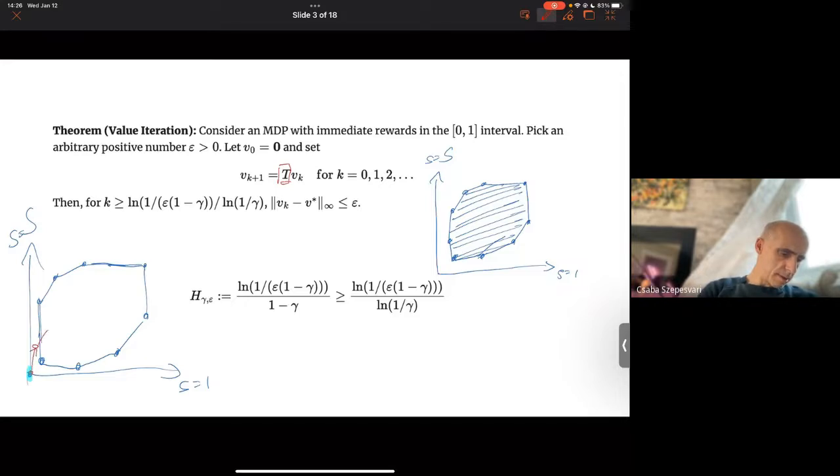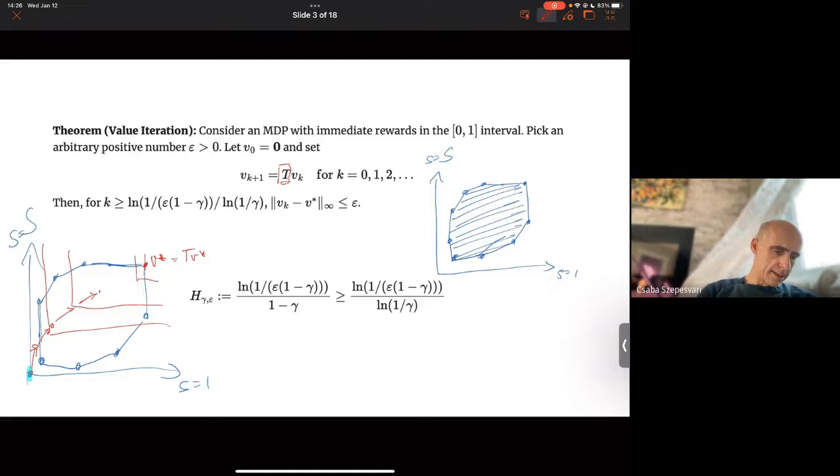It has a nice property: if you calculate how far it is in L infinity distance from this point V star, this distance for consecutive iterations is going to decrease by a factor of gamma. That follows from the contraction properties of T, and because V star itself is a fixed point of this Bellman operator T.